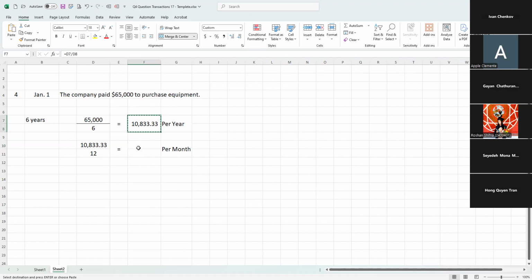And that will be $902 per month. Make sense? Okay. So every month we have to show an expense of $902.78.